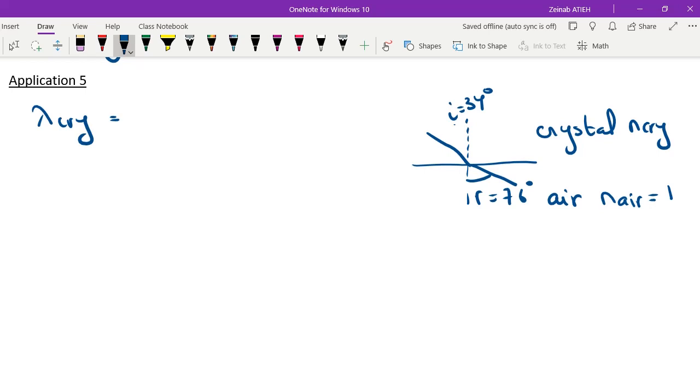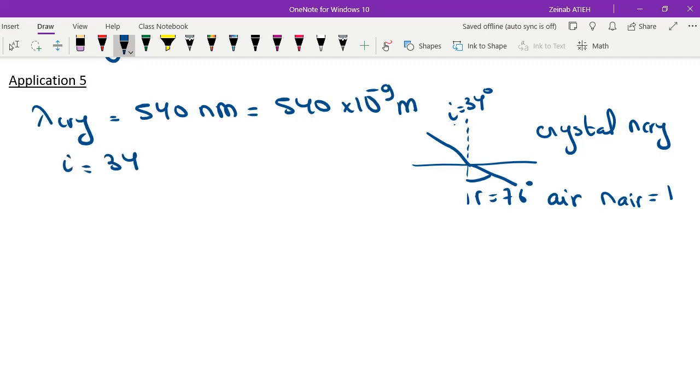So lambda of the light in the crystal is 540 nanometers, which is 540 times 10 to the power minus 9 meter. With the angle of incidence I equal to 34 and the angle of refraction 76 degrees.